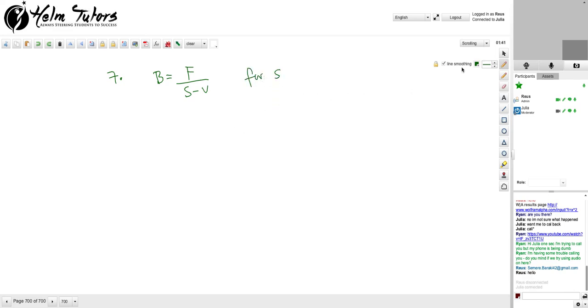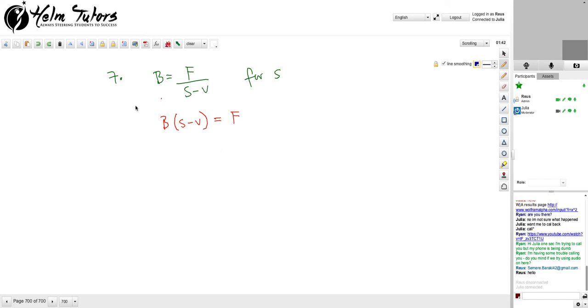Okay, so talk to me. So I think that I will multiply everything by s minus v to get rid of the denominator. Yes, beautiful. Anytime you have denominators, that's the first thing you should try to do, get rid of the denominators if you can, which should always be possible. Excellent start. Go ahead.